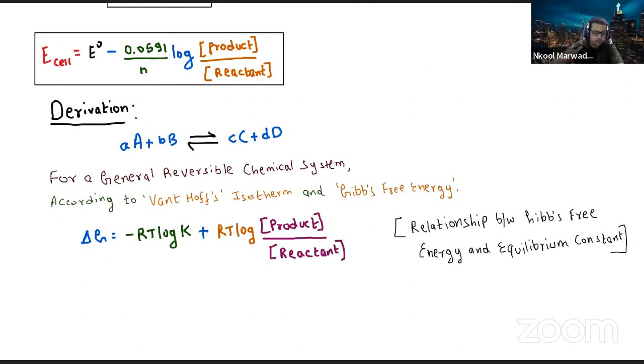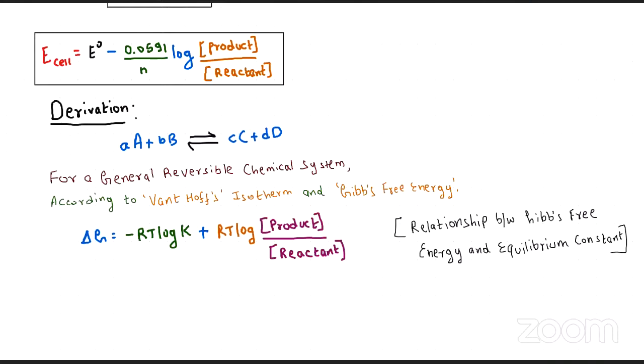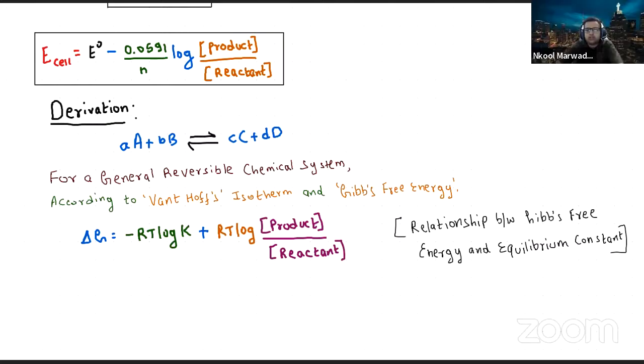Now we will be using this. So this is our first equation, which we will be using in the derivation. This is already an established relationship which we are making use of.